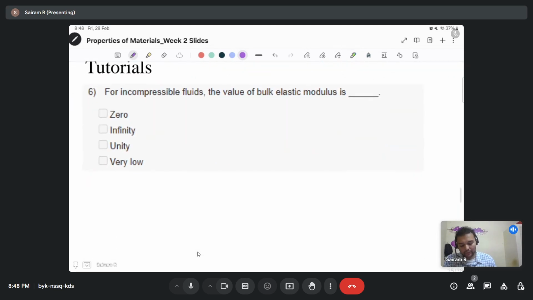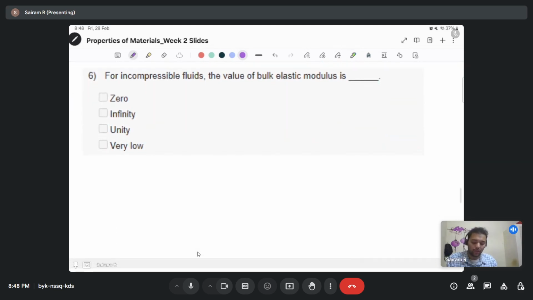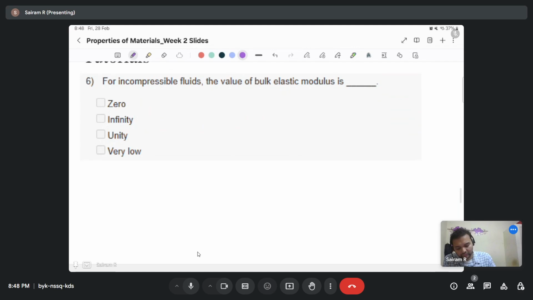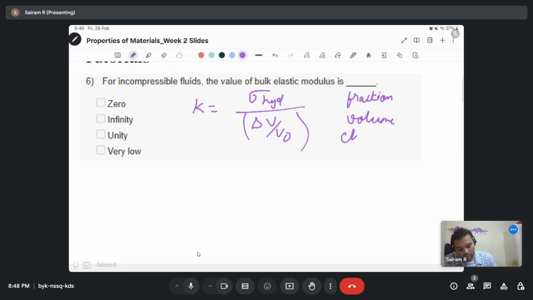For incompressible fluids, what is the value of the bulk elastic modulus? Bulk modulus kappa equals sigma hydrostatic divided by fractional change in volume. What they have given here is incompressible fluids, which basically means the fractional volume change del V by V naught equals 0.